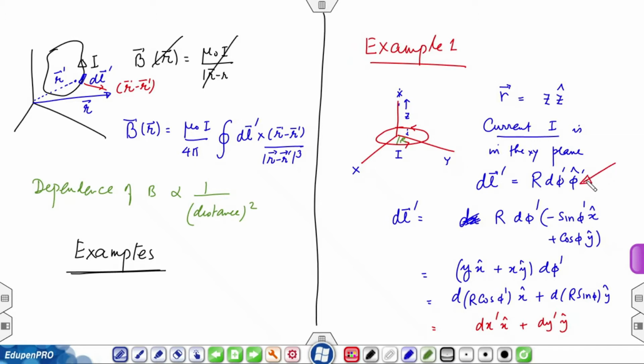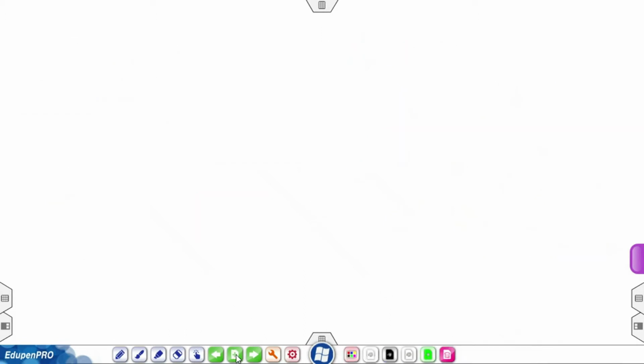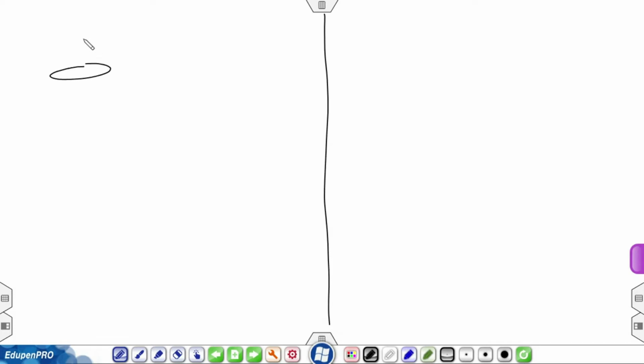It is easiest to do this calculation in cylindrical coordinates, because the expression for dl prime that I have written is easiest in cylindrical coordinates. So, let us do that calculation. So, I have this ring in the xy plane.